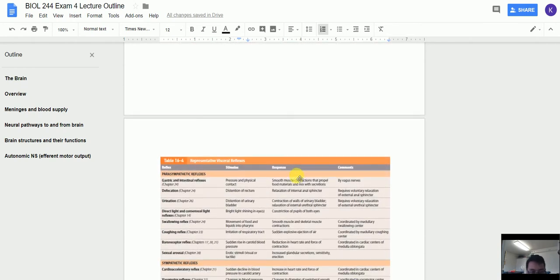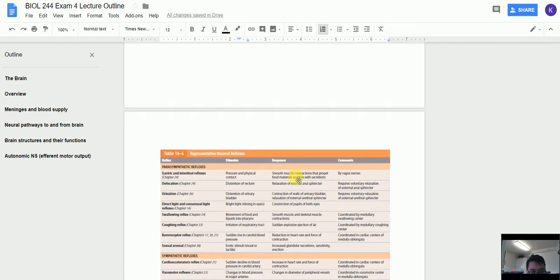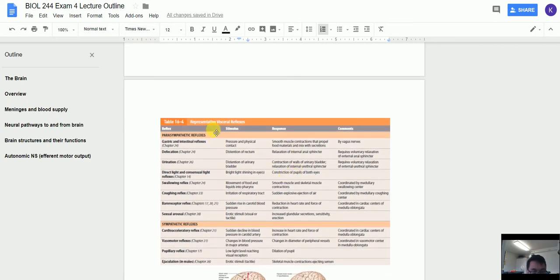And then some of the sympathetic and parasympathetic reflexes to know. Gastric and intestinal reflexes use the vagus nerve for smooth muscle contraction, which propels food and mixes it with secretions. Defecation: distension of the rectum, relaxation of anal sphincters.